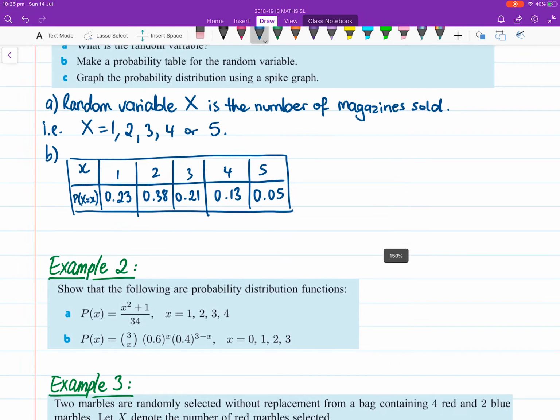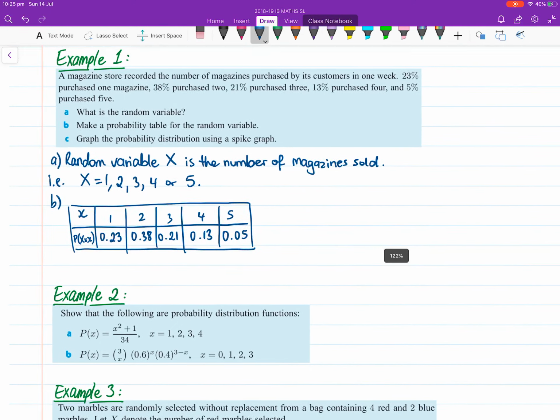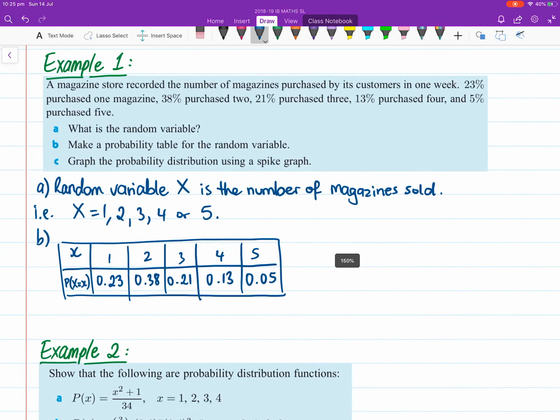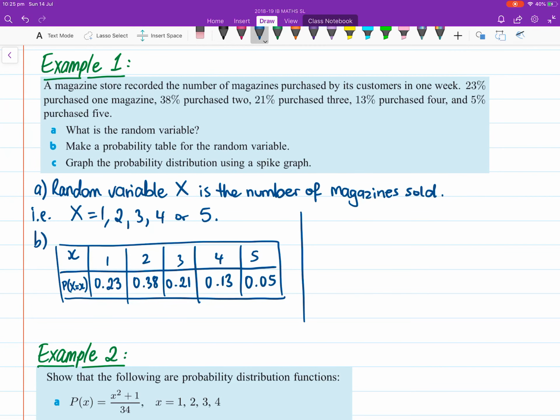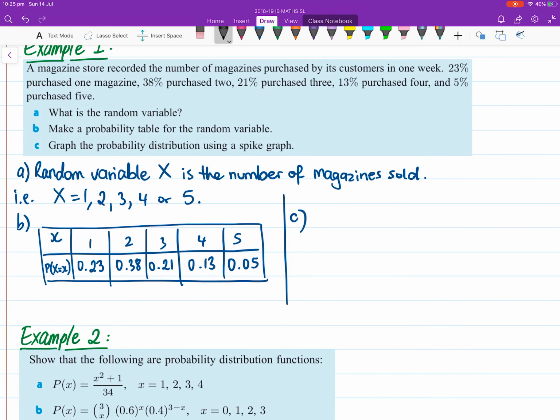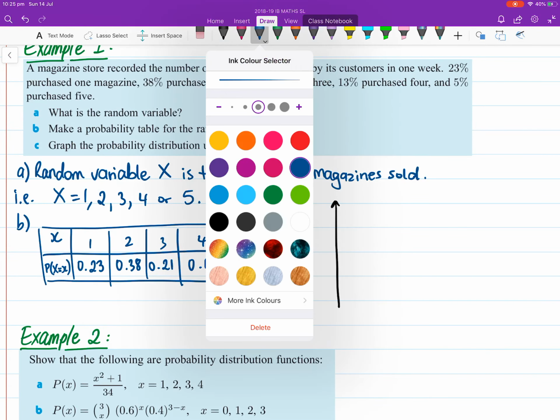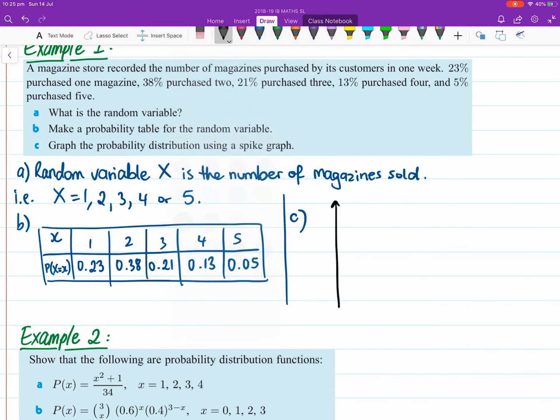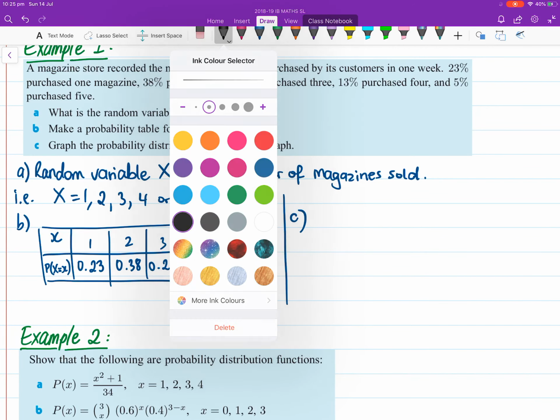And then it asks us to, okay, I need to make some space. Actually, I'll just do it over here. Question C. Graph the probability distribution using a spike graph. I might switch to a thinner pen, might be a bit easier for me.